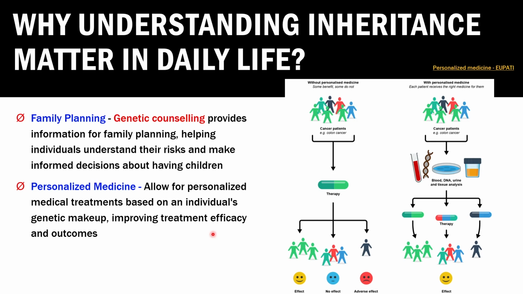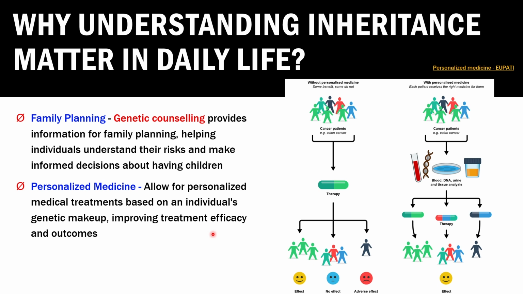Not only that, the information in the DNA is important for family planning, mainly genetic counseling. So if your family has some kind of disease that is passed from generation to generation, then when you want to have kids, you understand the risk of having kids.